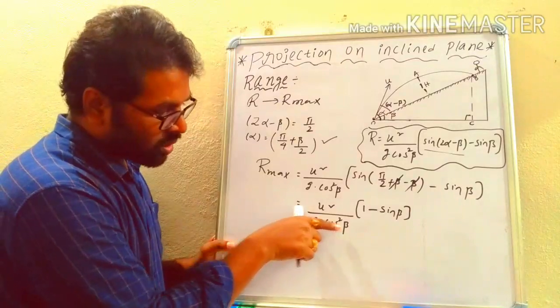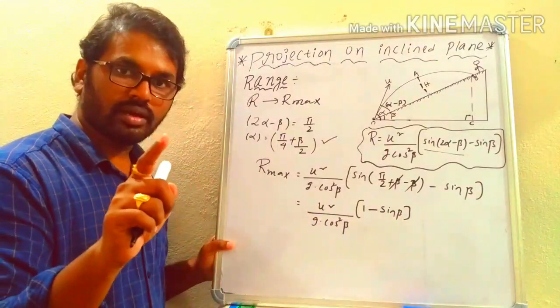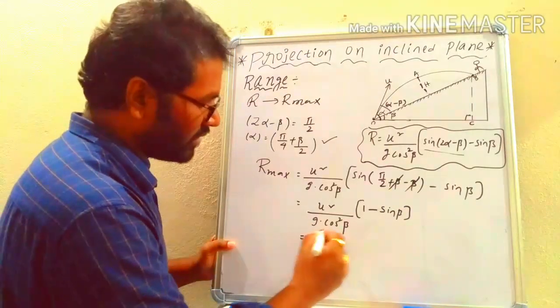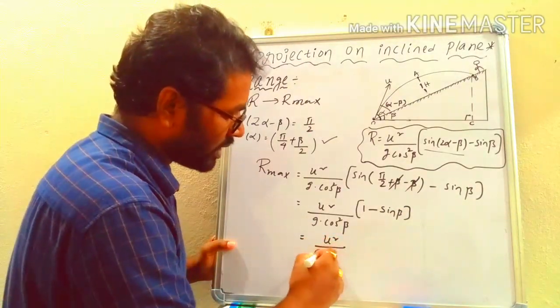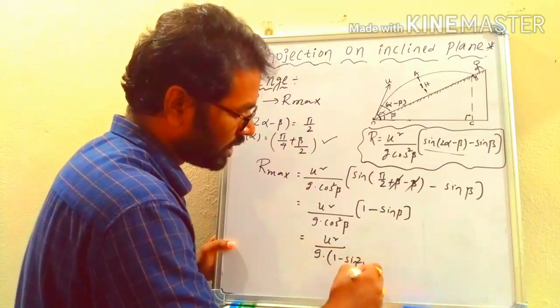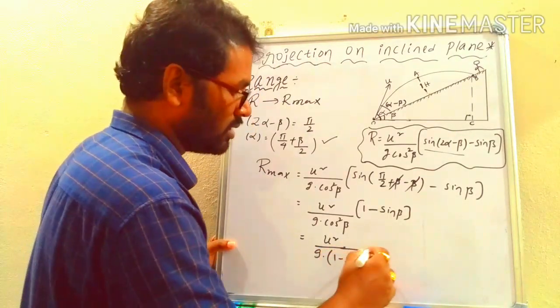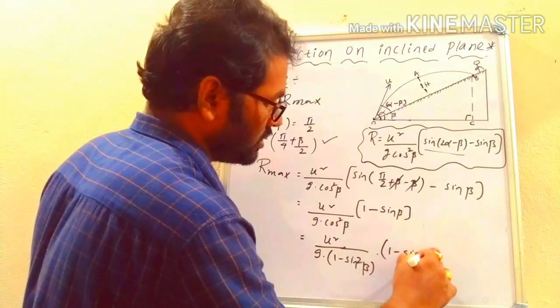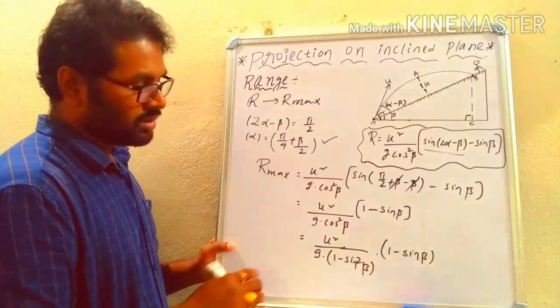You can see the term cos square beta. We can write it as 1 minus sine square beta. So u square by g into, in the denominator, 1 minus sine square beta, and in the numerator we have 1 minus sine beta.